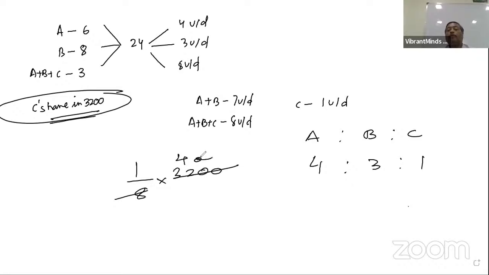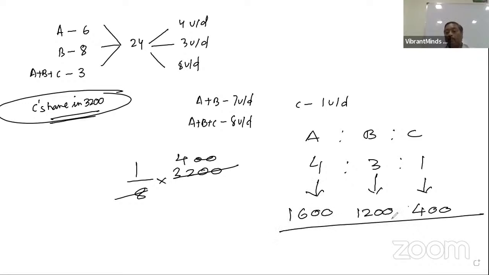It gives you 400. C will get 400. B will get how much? It will be 1200. And A will get how much? It will be 1600. This is your money division ratio. So we have to find C's, so it is 400. Is it clear, everyone?